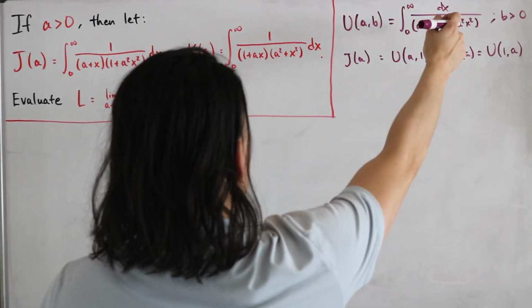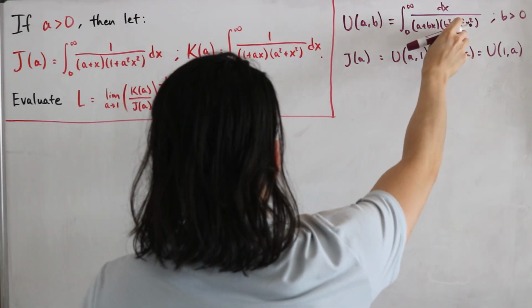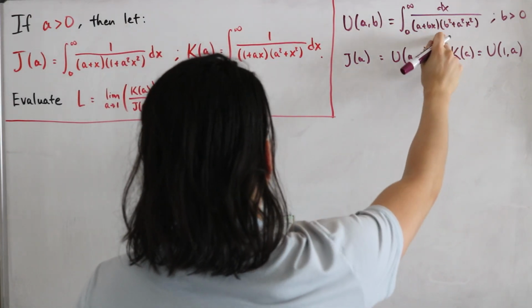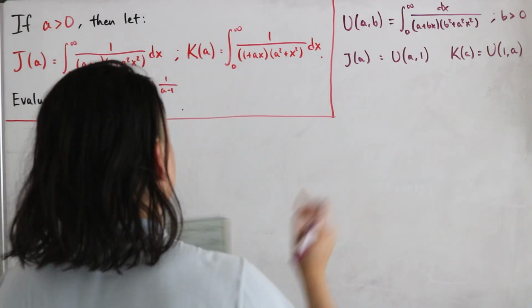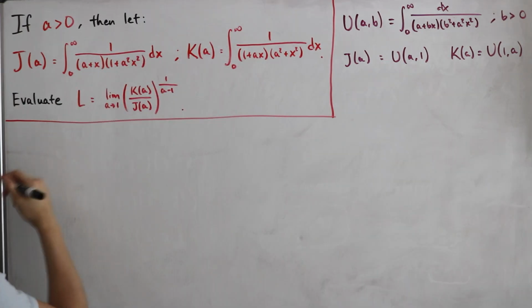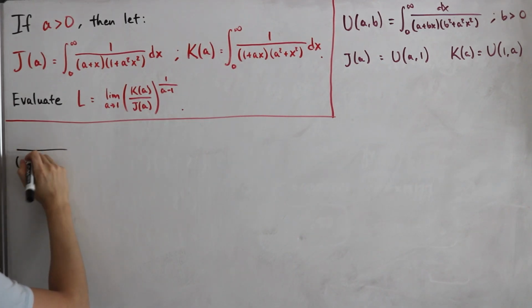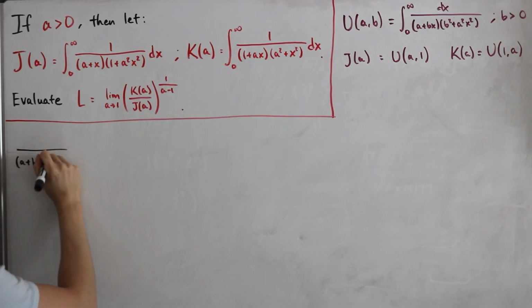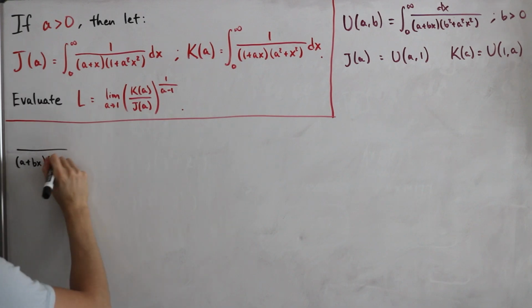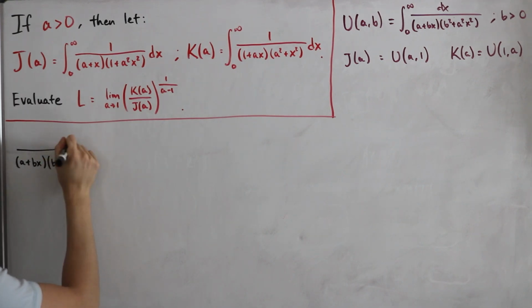Now, with this being the case, let's use our generalized integral. Let's break up the integrand to make things a little easier for us. In order to break this up, we're going to have to apply partial fraction decomposition. This is where I mentioned that it takes a lot of work to break this down, so I'm going to leave this as a homework exercise for you guys to verify.